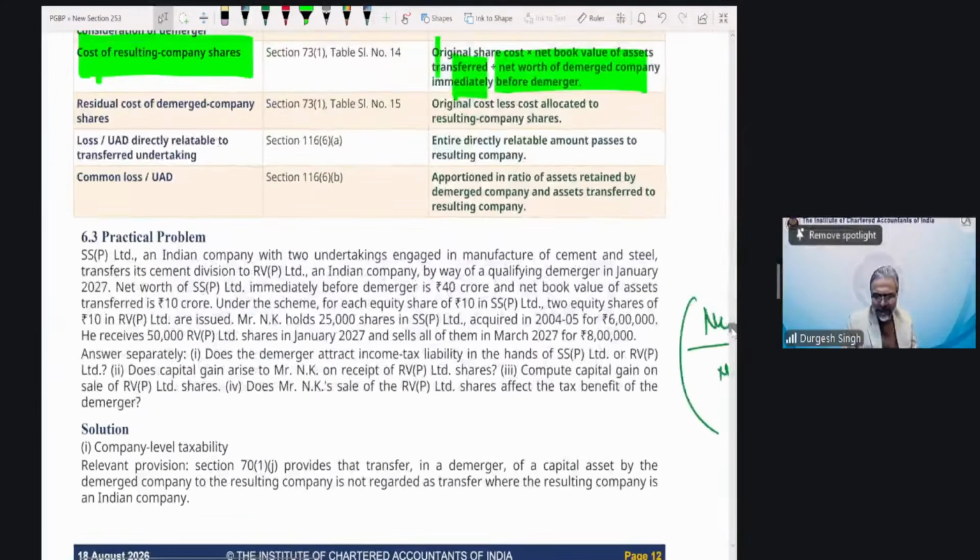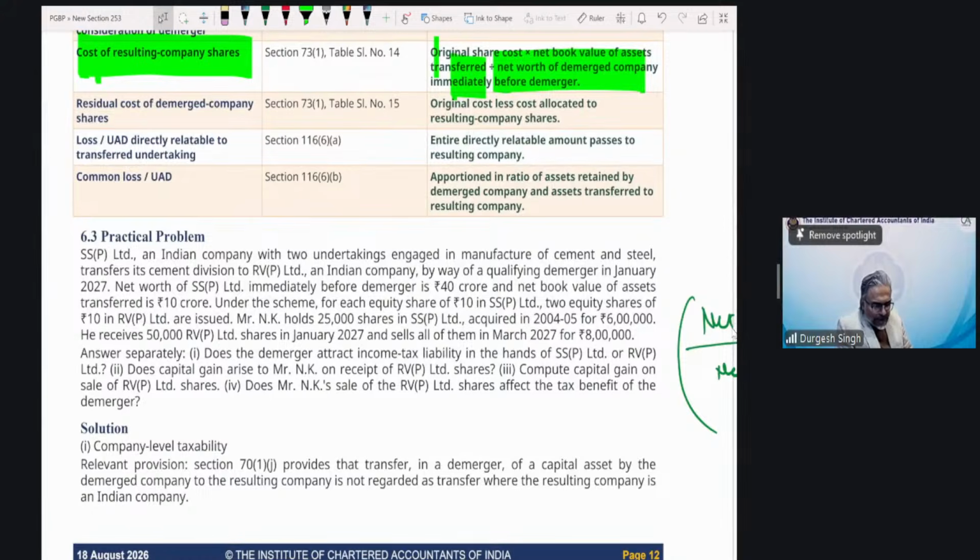Students, let's have a look at this one now. This was an examination question, if I'm not wrong. Yes, this is an examination question.